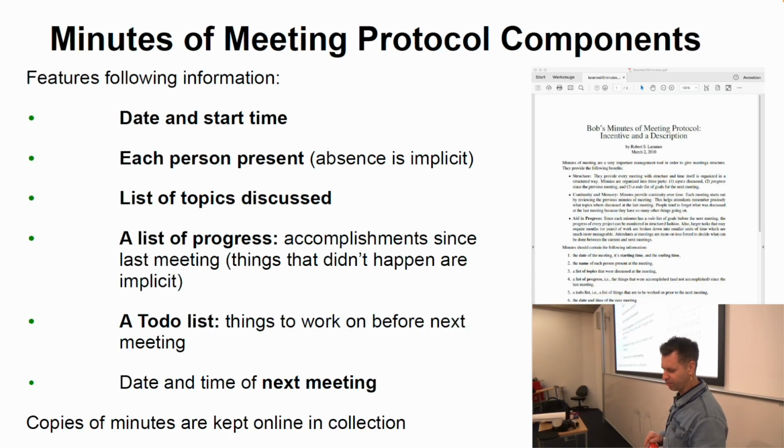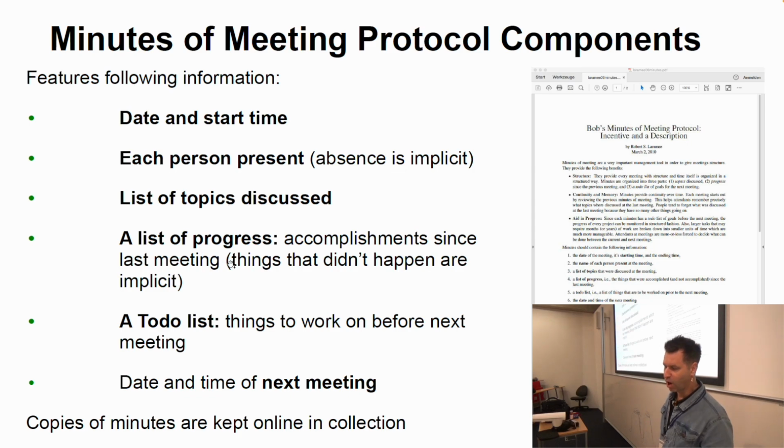So this is what the protocol looks like. It has the current date and the current start time. It has the name of each person in the meeting and the name of each person that's absent from the meeting, right? If there are people that are supposed to be there. There's a list of topics discussed. That's the first section.